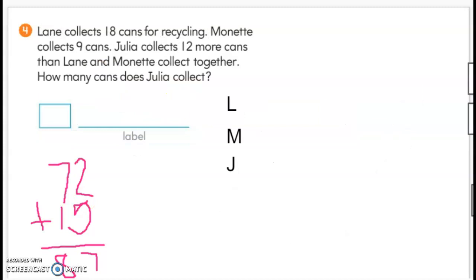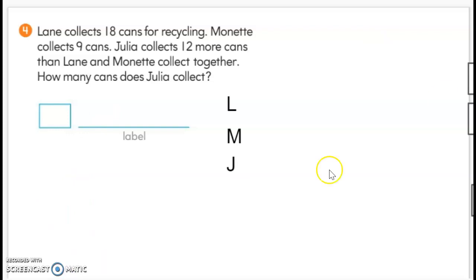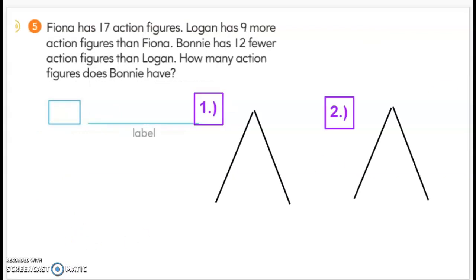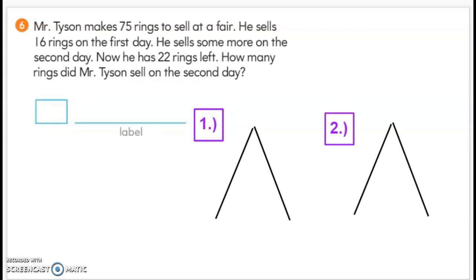All right, you have problem number 4, number 5, and number 6 to solve on your own. If you need to read the question again, make sure you're reading the story problem again. Okay?